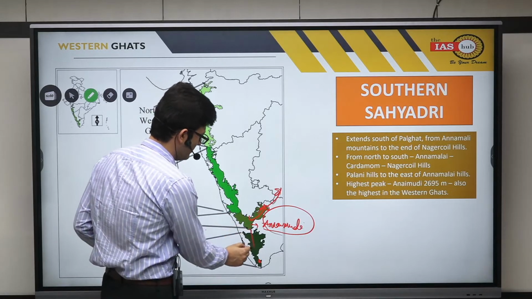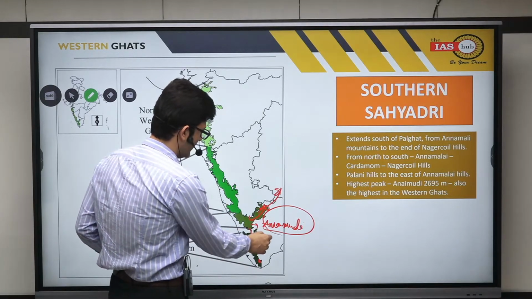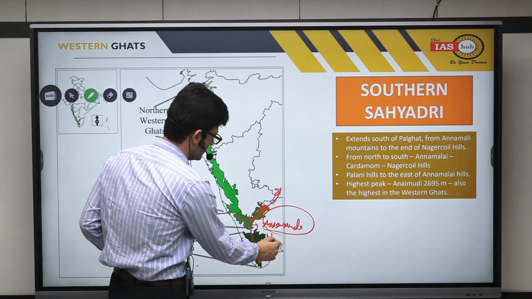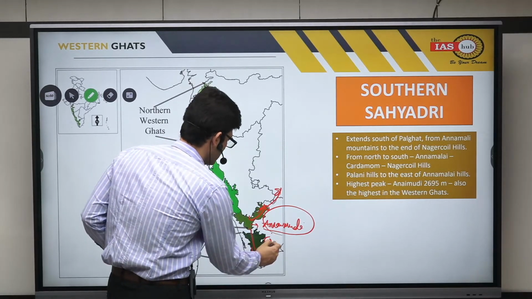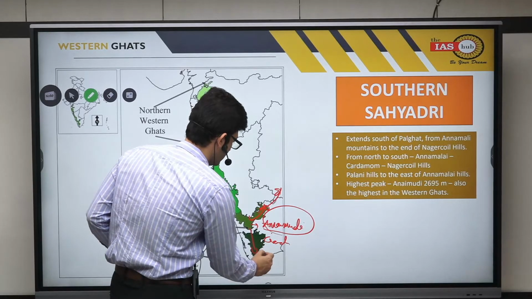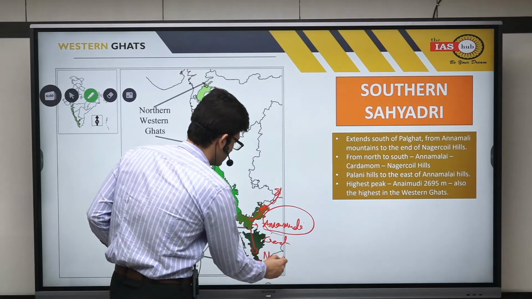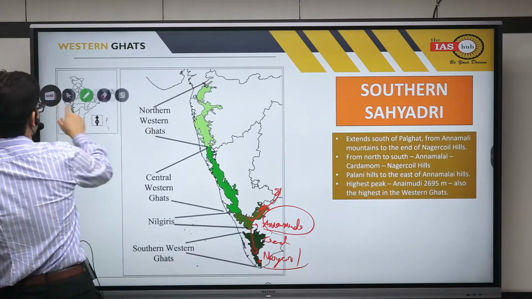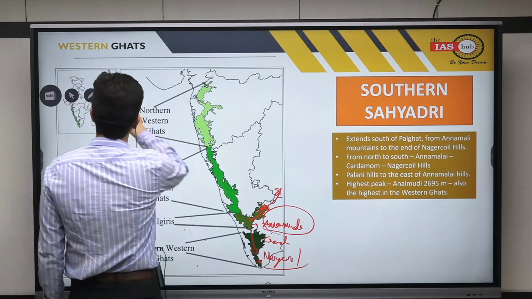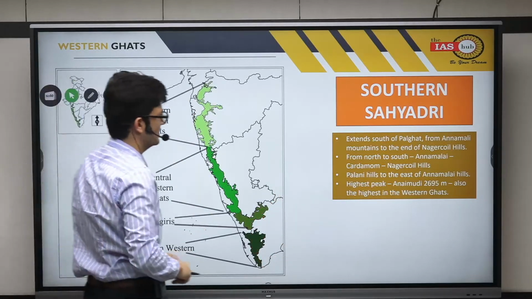After Anaimalai, first you will find the Cardamom Hills, then in the end the Nagarcoil Hills in the southern side. In that sense, these are the major three divisions of the Western Ghats.